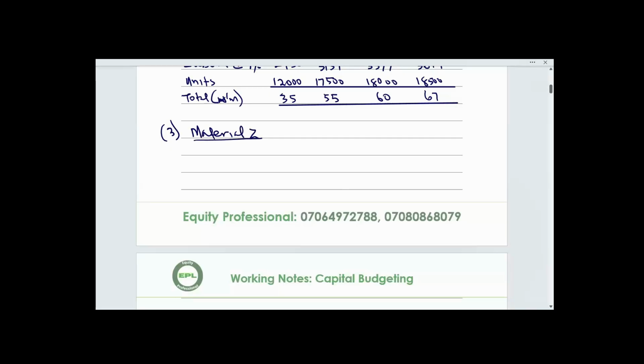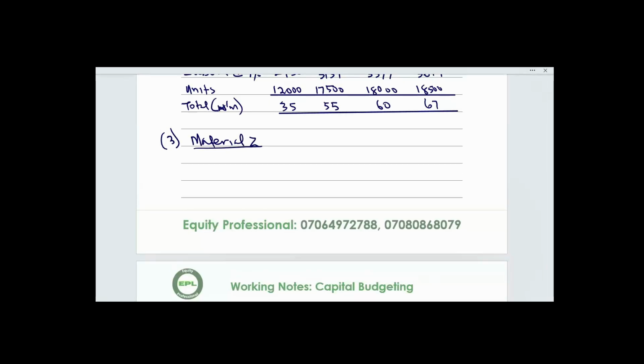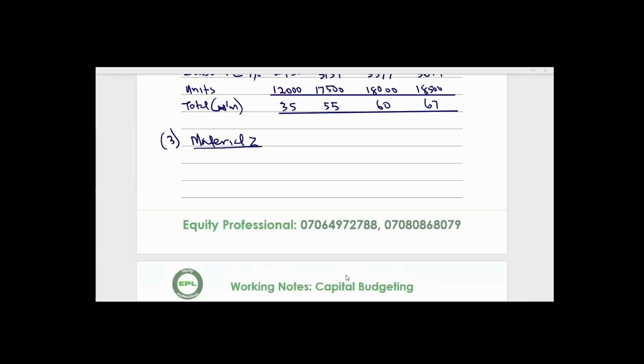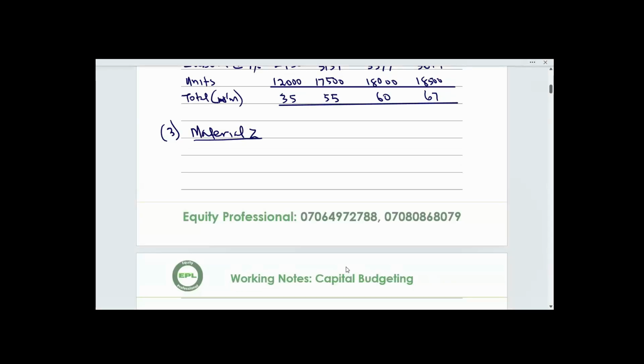According to the question, for material Z, you are told 6 kilos of material Z at 146 naira per kilo. So there's a difference between kilo and units. Since material Z is in kilo, we need to convert the units to kilo by multiplying the units for each year with 6 kilos. That will give us total kilos for material Z. But first thing first, we need to inflate the prices.